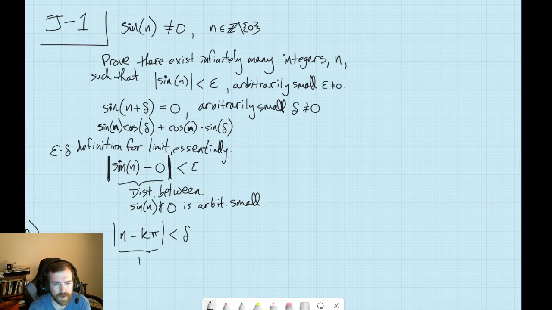Alright, so here, the distance between n and some integer multiple of pi. Okay, so k has to be an integer.